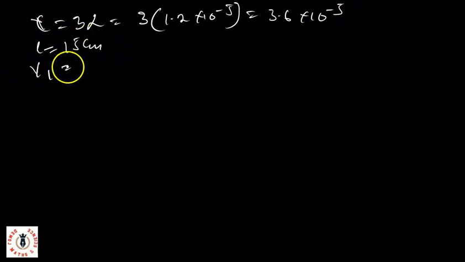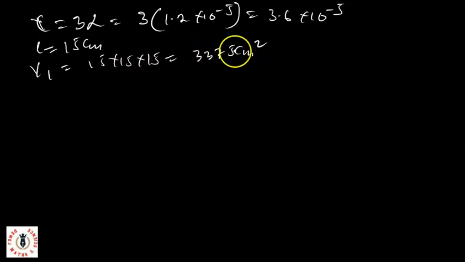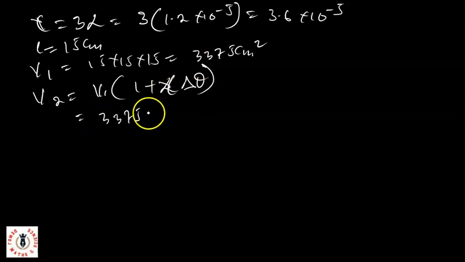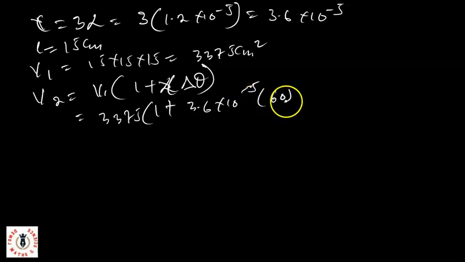My V1 will be equal to 15 times 15 times 15, which is 3,375 centimeter cubed. So V2 will be equal to V1 into 1 plus the volume expansivity times change in temperature. That's equal to 3,375 into 1 plus 3.6 times 10 raised to the power minus 5 into change in temperature of 60.